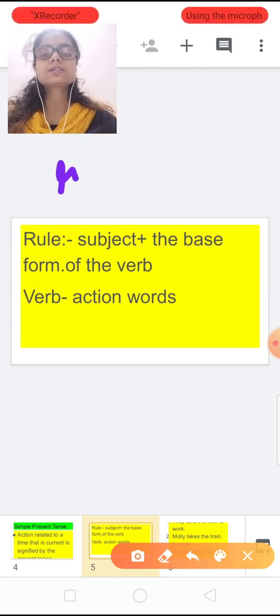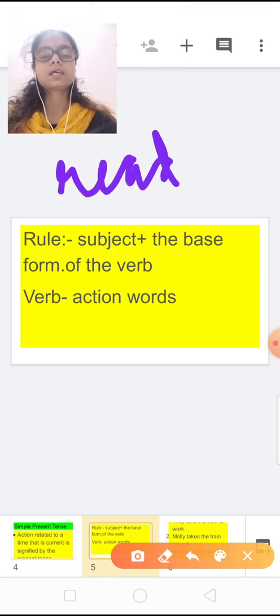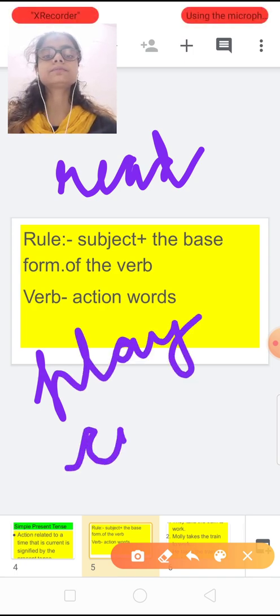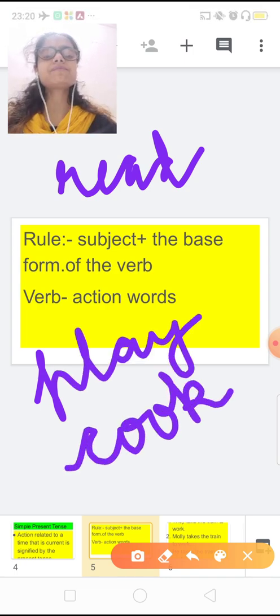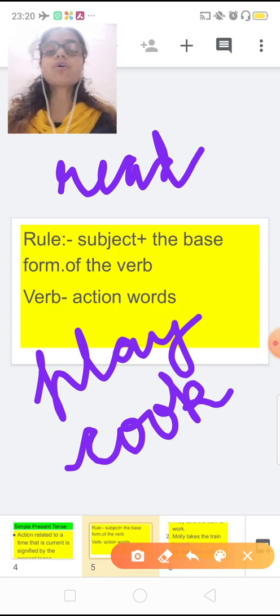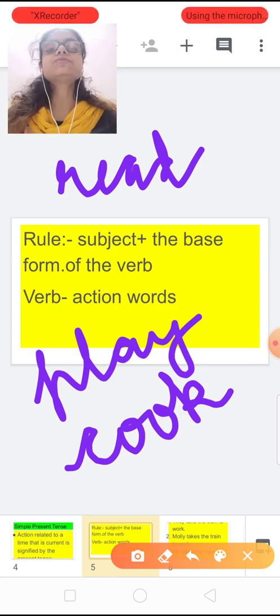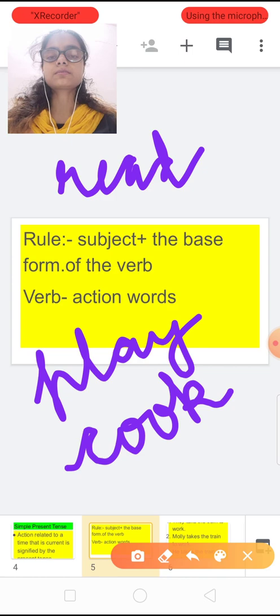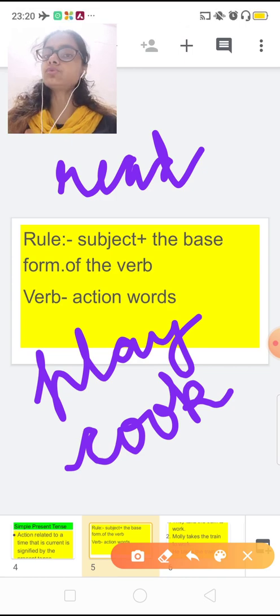Read, play, cook. So here I have written some action words. The rule is saying subject plus action verb. It's just a simple rule of the simple present tense. Now for the subject we can take a noun or pronoun.